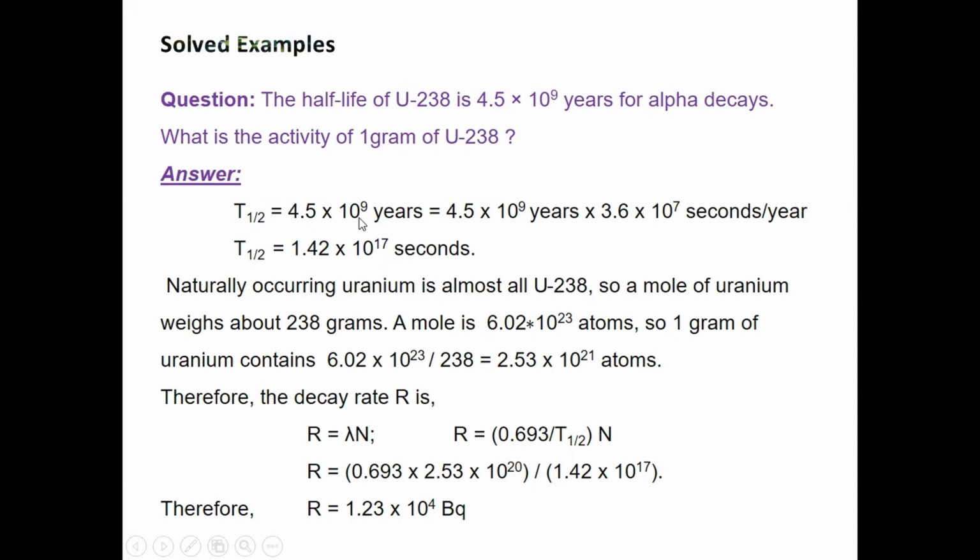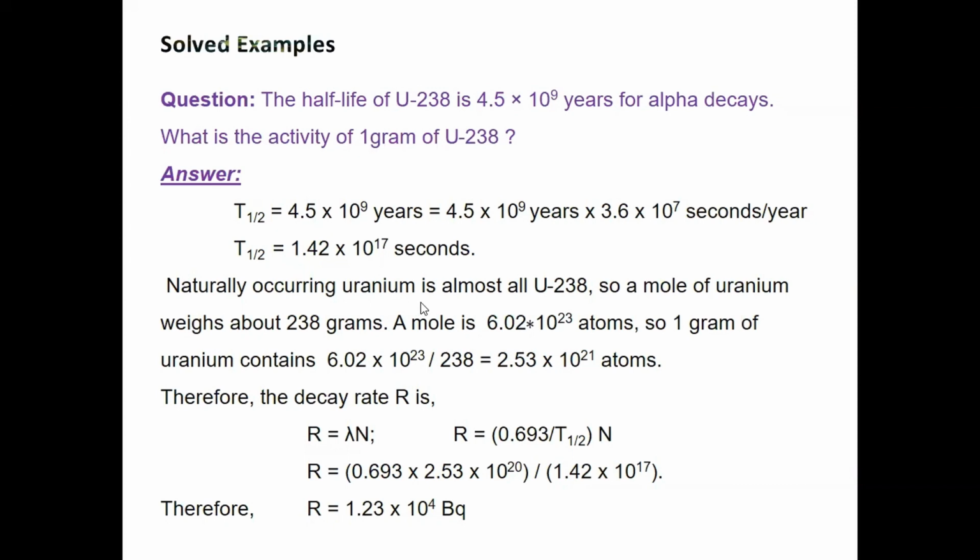Half-life is 4.5 into 10 to the power 9 years. We multiply it with 3.6 into 10 to the power 7 seconds per year, and we get this answer in seconds.